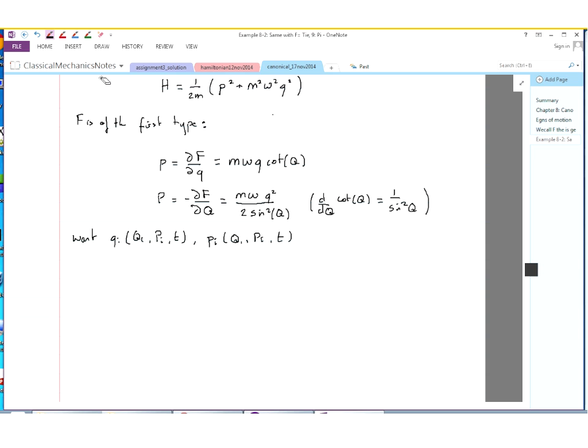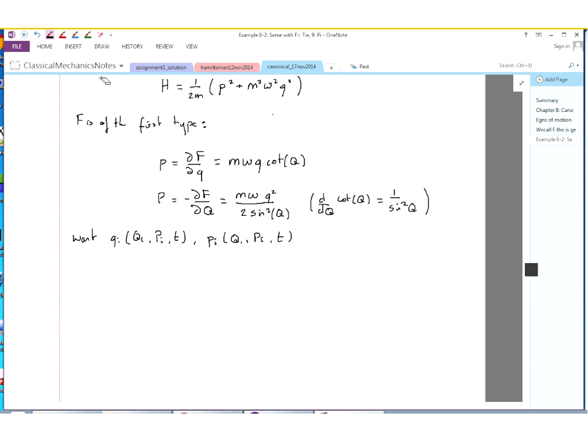Okay, so now we want to rewrite the Hamiltonian using the big Q's and the big P's, so we need to figure out how you write the little q's and the little p's in terms of the big Q's and the big P's, right? So the Hamiltonian depends on little p squared and q squared.